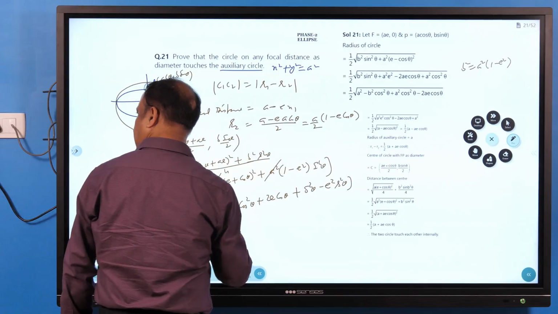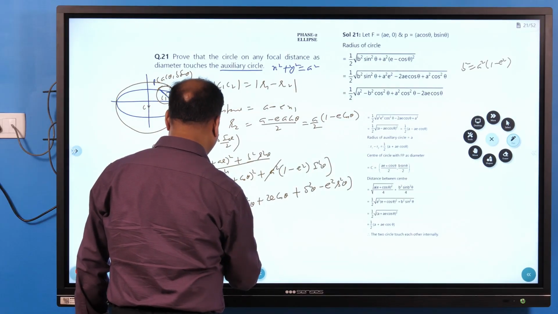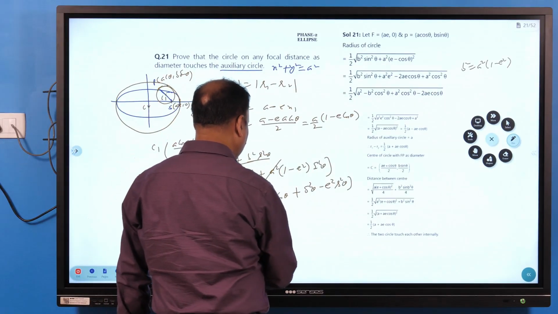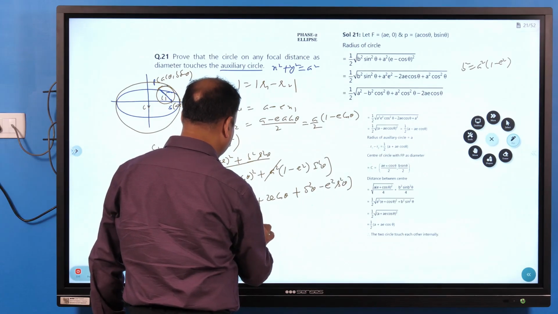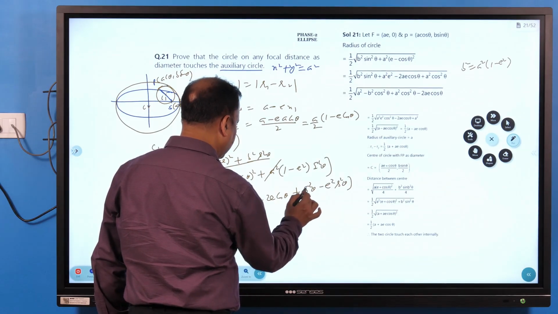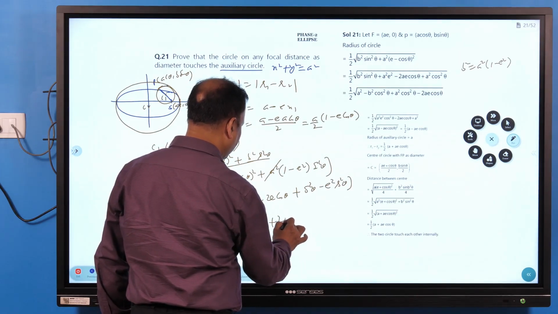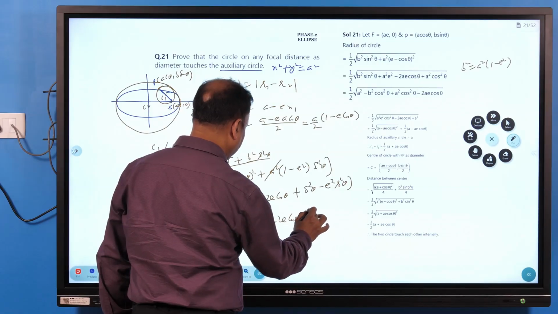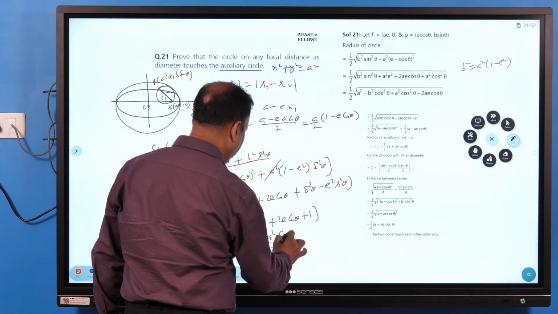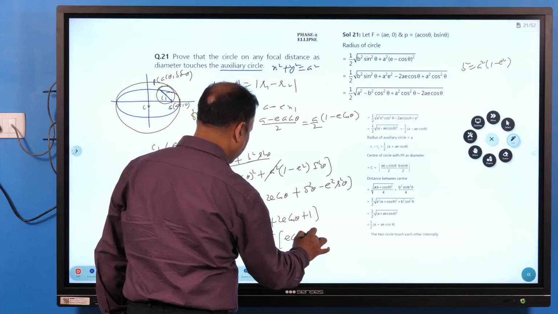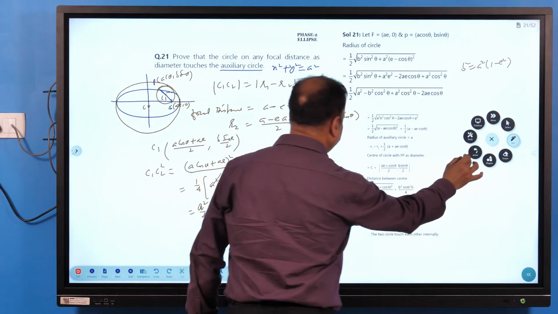This is A square upon 4, and 1 minus sin square theta is cos square theta, so E square cos square theta plus 1 plus 2E cos theta. So this is A square upon 4 into E cos theta plus 1 whole square.